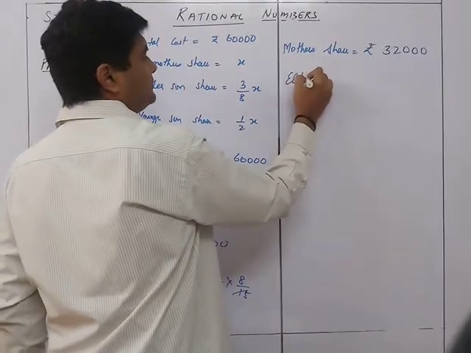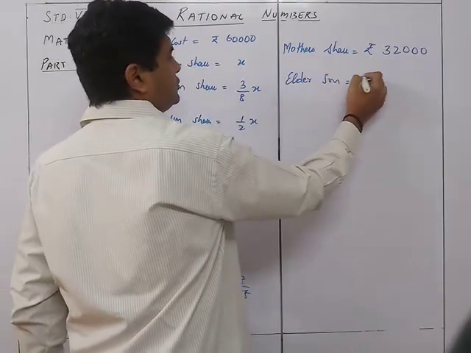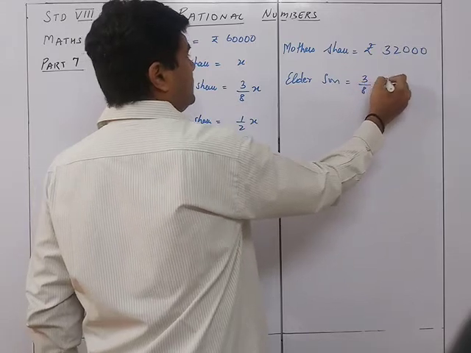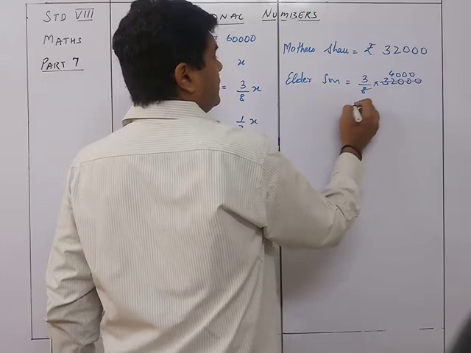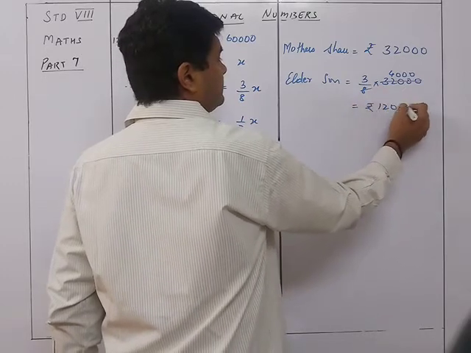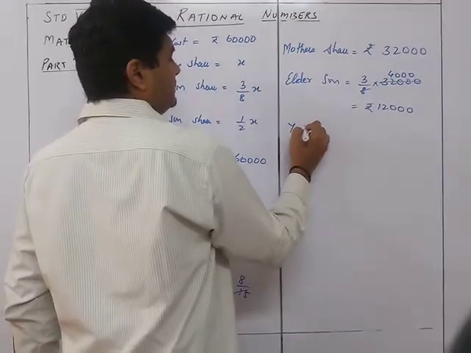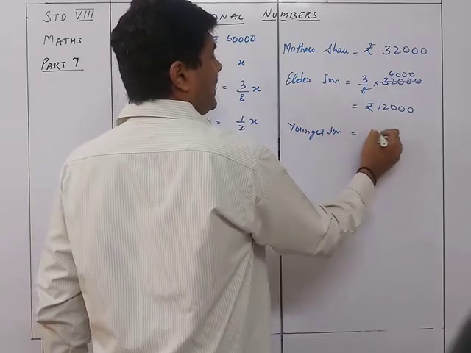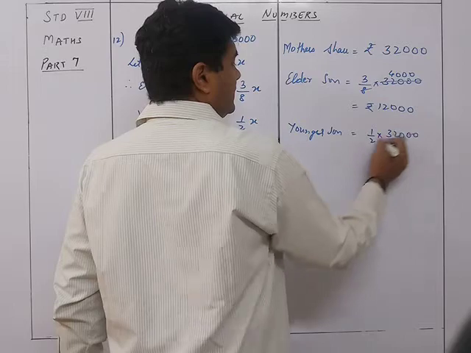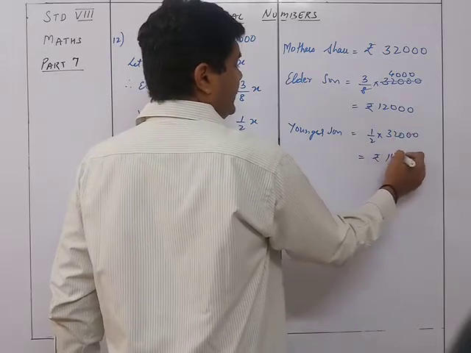Elder son is equal to 3/8 into 32,000. That will give me rupees 12,000. And younger son is equal to half of 32,000, which is rupees 16,000.